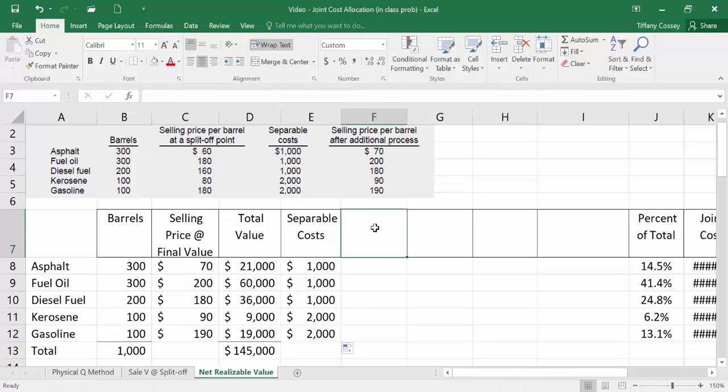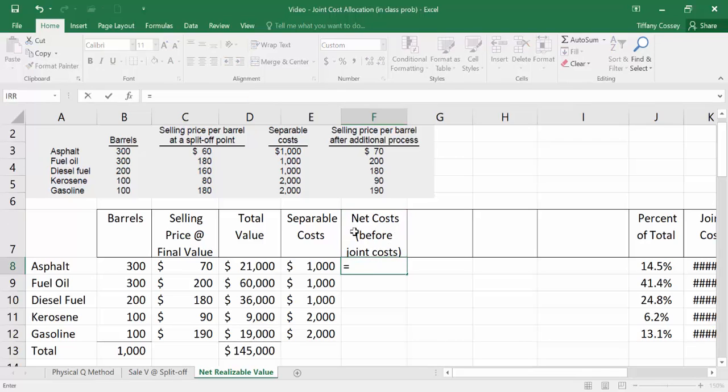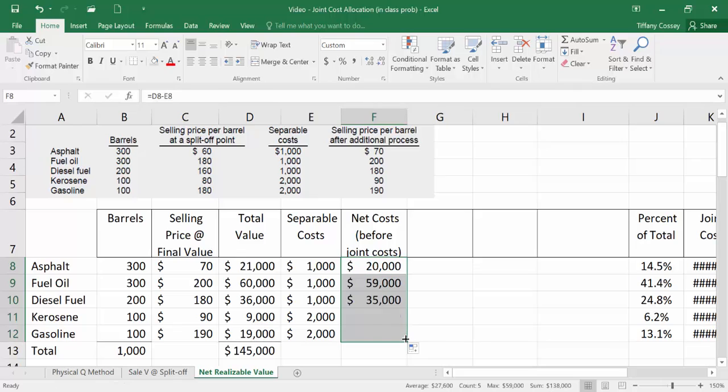Okay, and so we'll get to the net costs before considering joint costs. $21 minus 1,000, and we'll get that net for each of those lines.